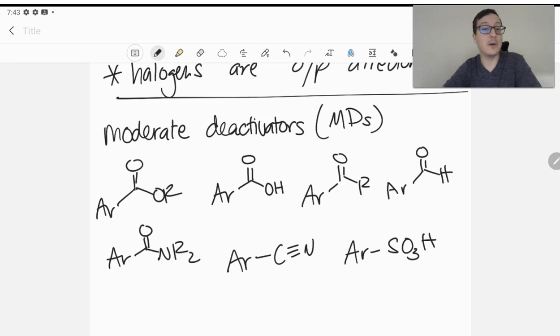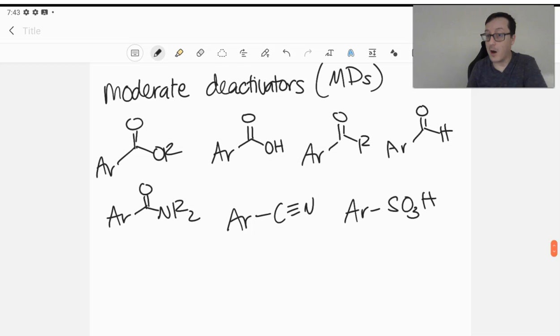These all will withdraw electron density. There's no way they can push electron density to ortho-para positions. They only withdraw, so they deactivate your ring. And we see that again, no resonance, so they're going to be favoring the meta positions because those will be the least unstable. So we're going to see that all of our moderate deactivators and our strong deactivators are meta directors, but we'll see that in just a second.